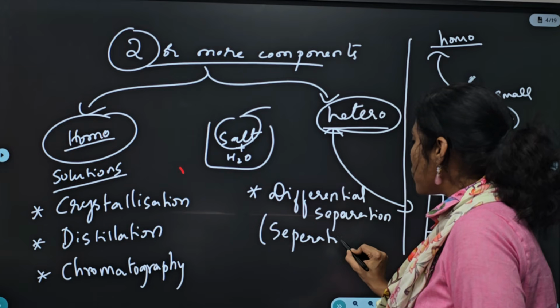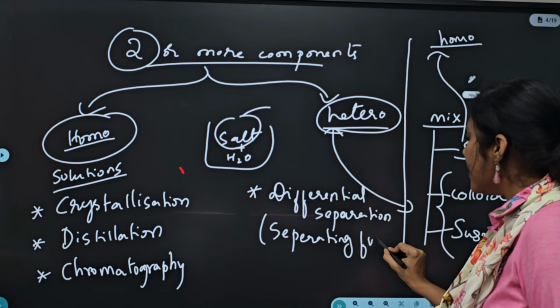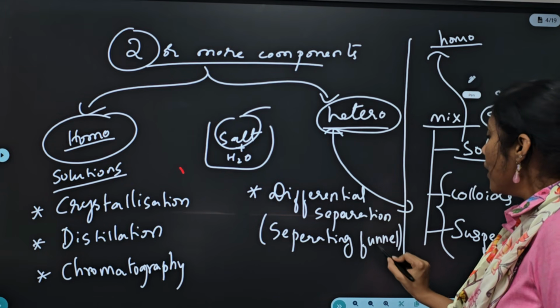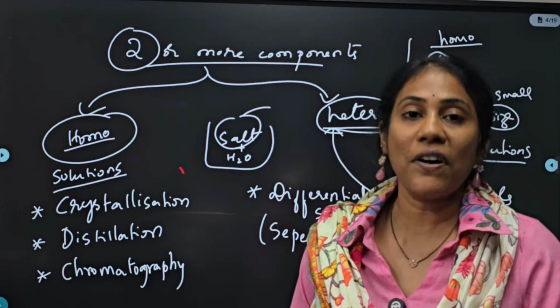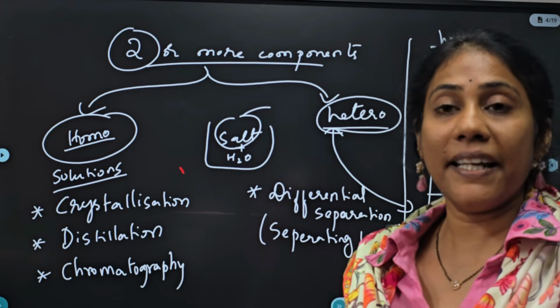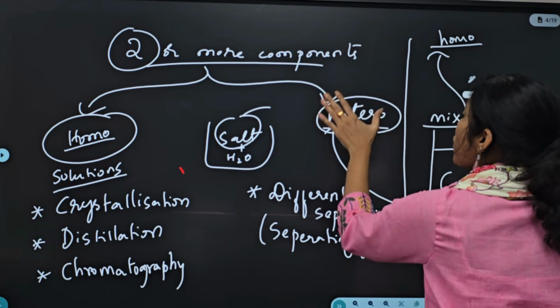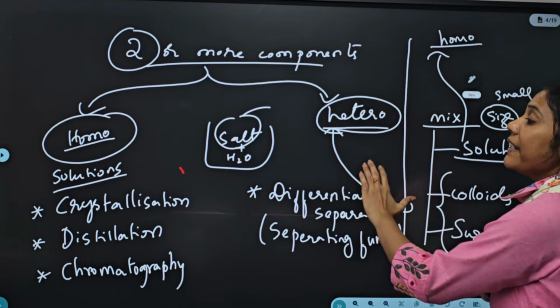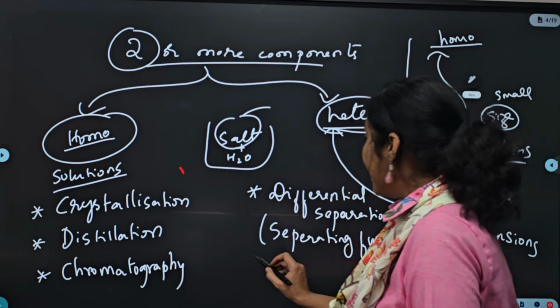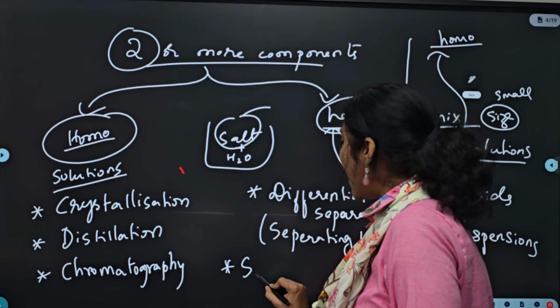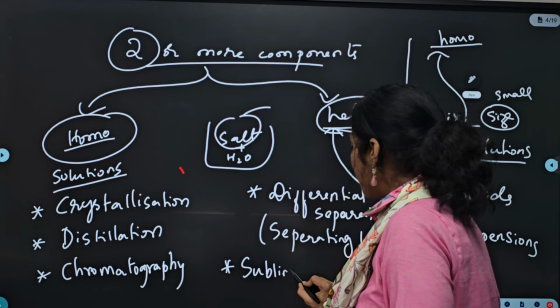There is a special instrument called a separating funnel, guys. Using that separating funnel, we can separate one component from another if the mixture is of heterogeneous type.